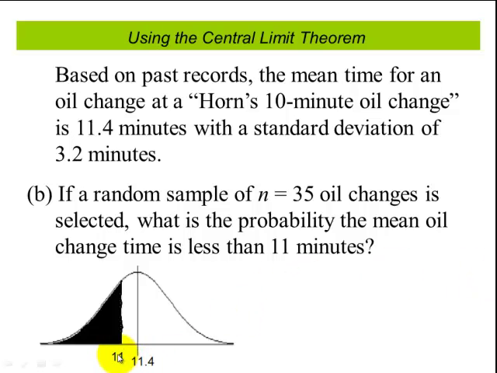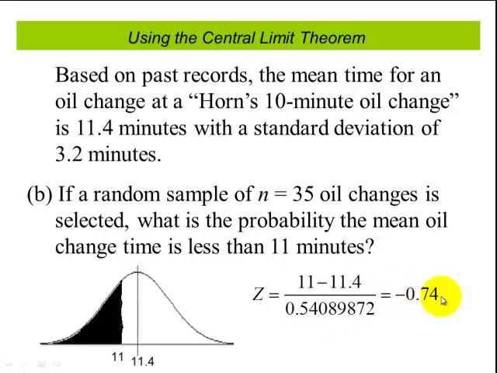We want the probability that the mean oil change time is less than 11 minutes. And we do our z-score. We take our x, 11, minus the mean, 11.4, and we divide it by the standard error. We end up with a negative 0.74. Looking up negative 0.74 in table 5, we get a probability of 0.2296.